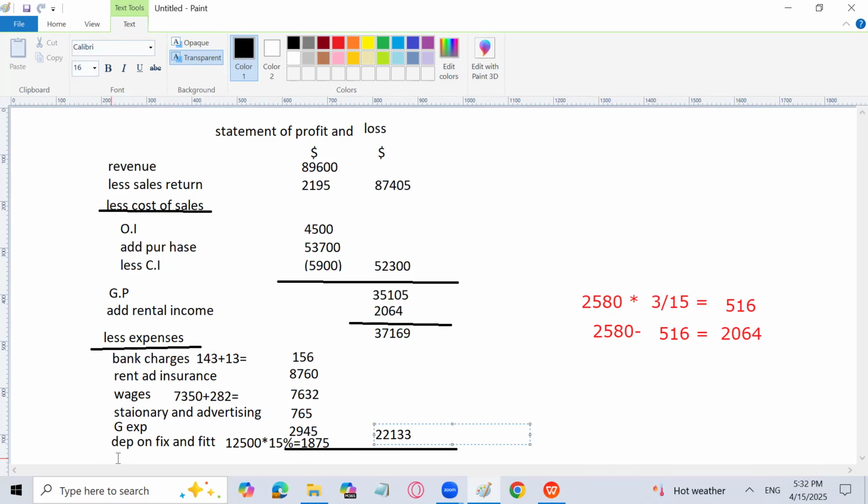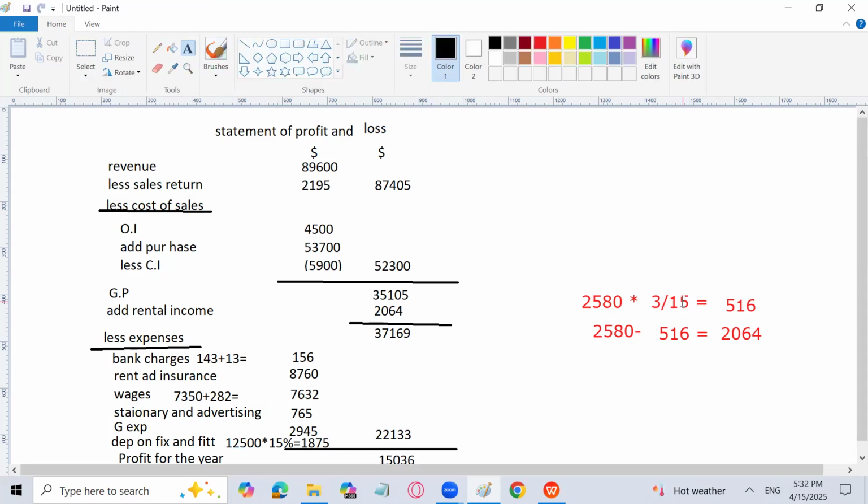And we will subtract this from gross profit, whatever the profit we have. So we'll get the profit for the year. Gross profit minus all expenses, we'll have the profit for the year. 15,036. Okay, very good. So we are done with that.